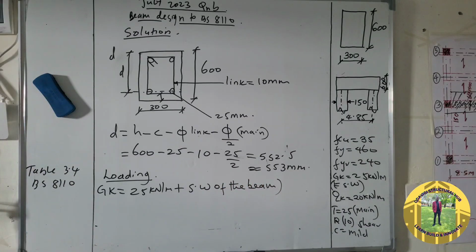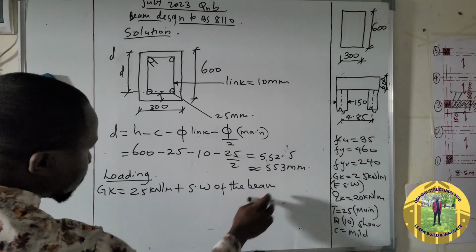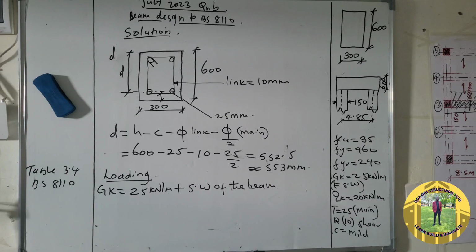Because in the question, we were told that 25, which is the dead load, is exclusive of the self weight of the beam. So we have to include the self weight of the beam.